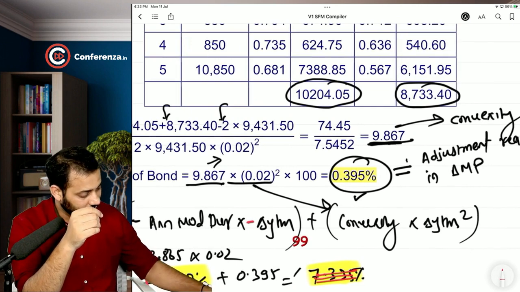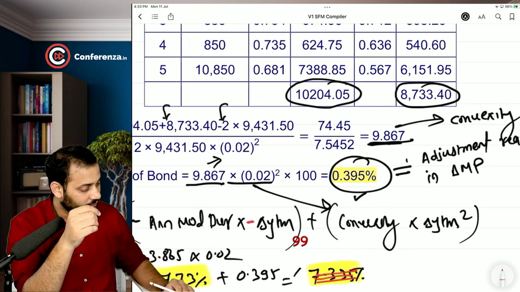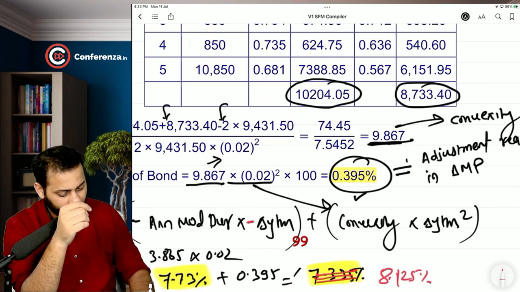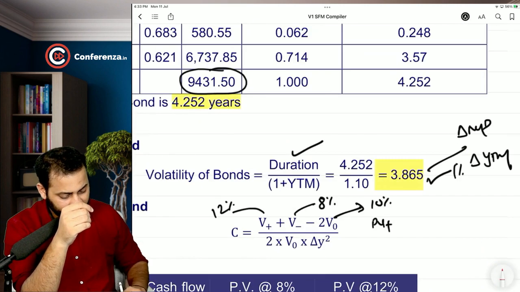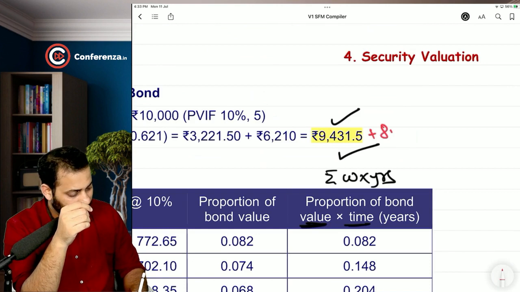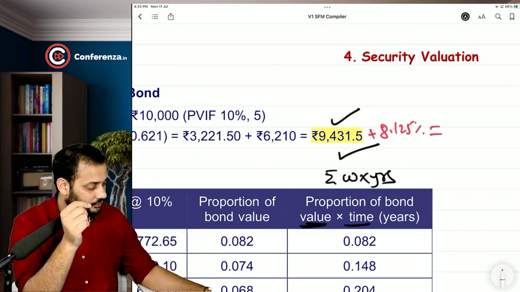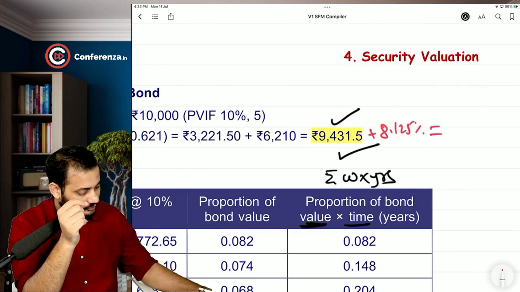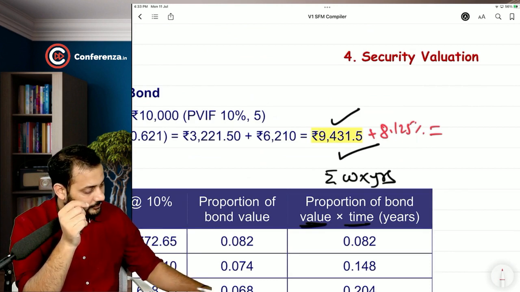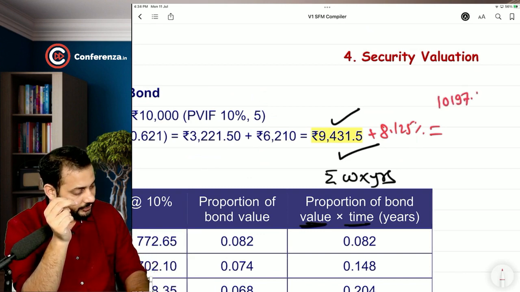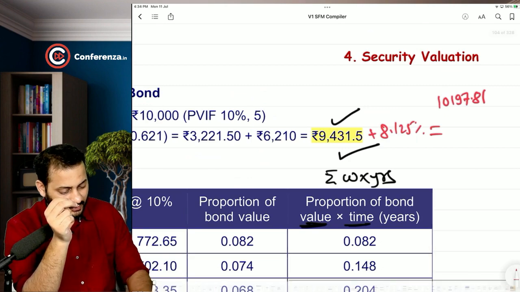So 7.73 plus 0.395 goes to 8.125%. So if you increase the current market price of 9431.50 by 8.125%, the answer will be 10,197.81. Now have a look.